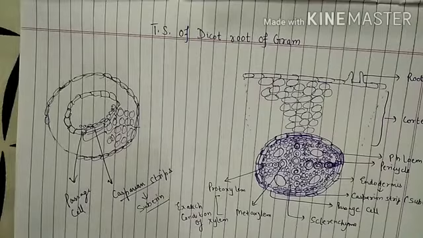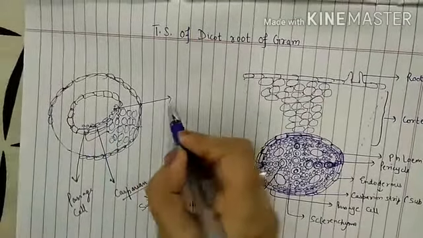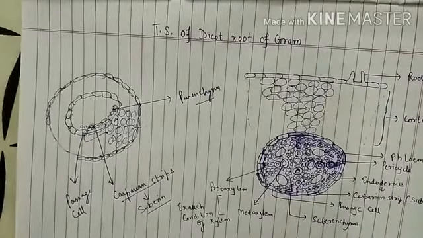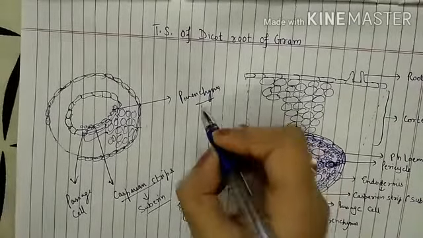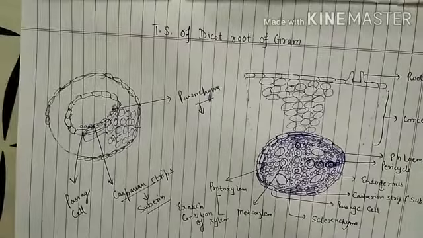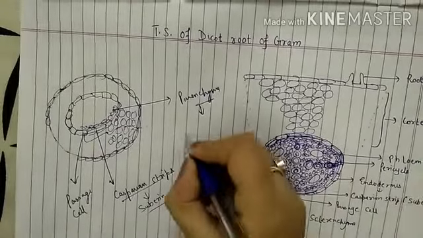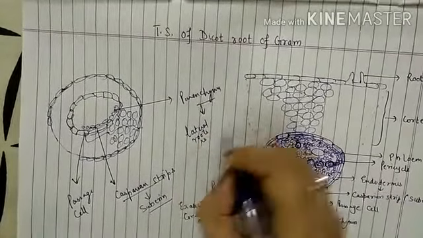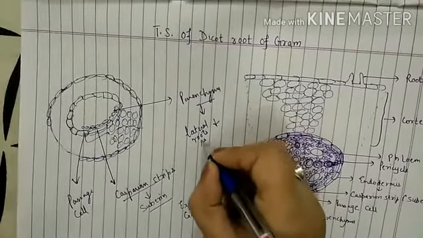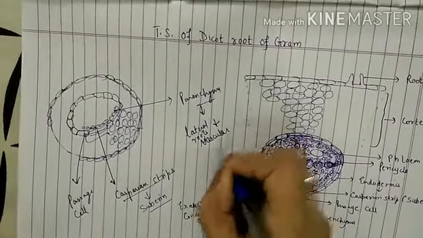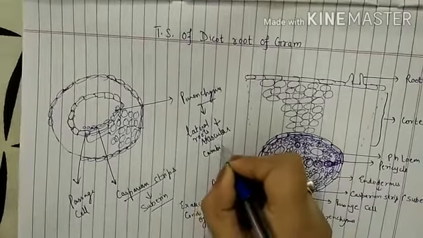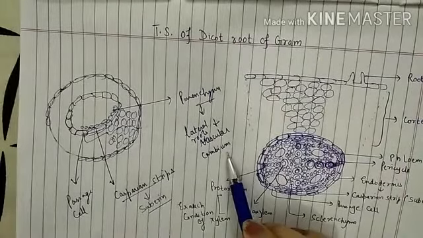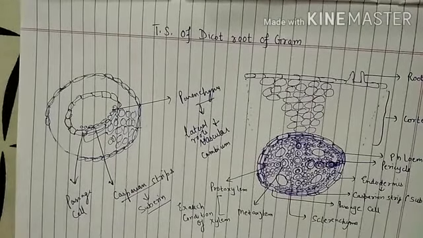As you know, parenchyma cells are living cells, and they have the property to give rise to lateral roots and vascular cambium, which will result in secondary growth.